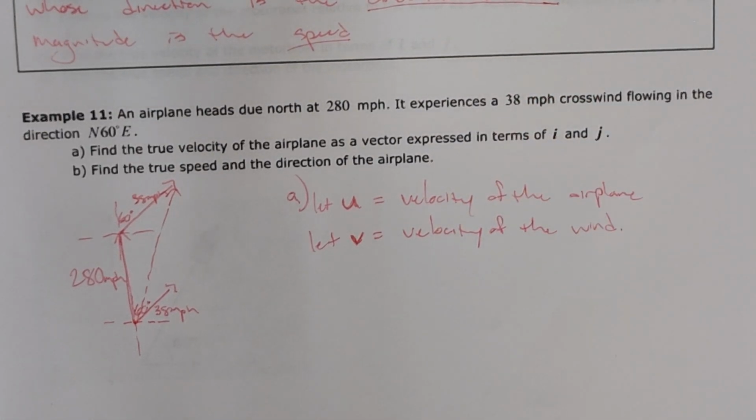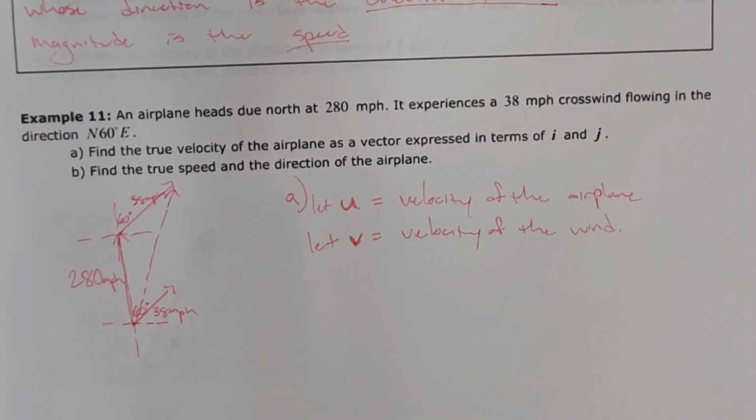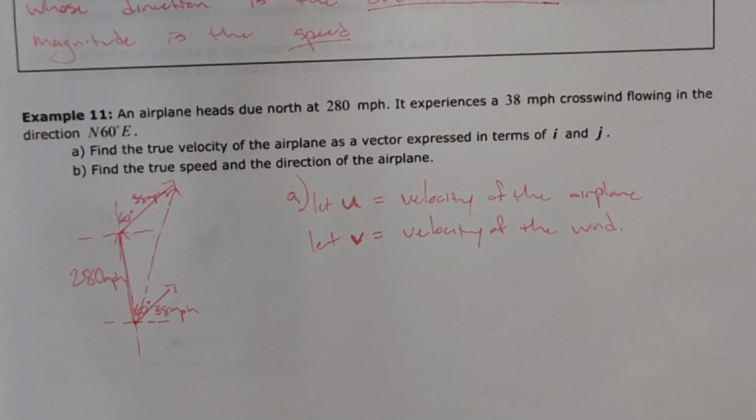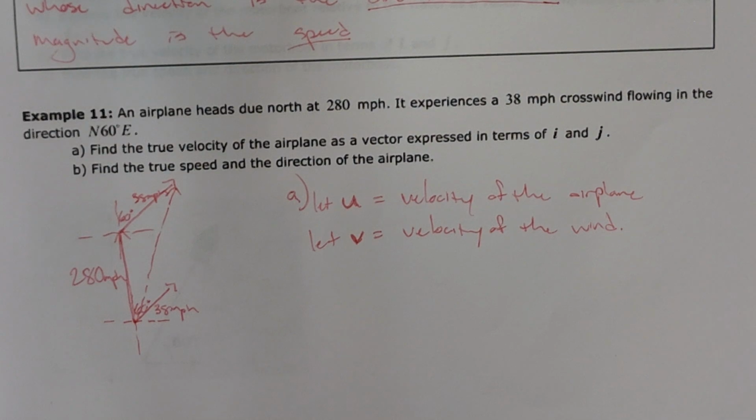So what we're solving for here is u plus v, the sum of these two vectors, and that's going to be the true velocity of the airplane. After the wind blows the airplane in its direction, it's going to affect the path of travel for the airplane. So we're going to find u plus v.